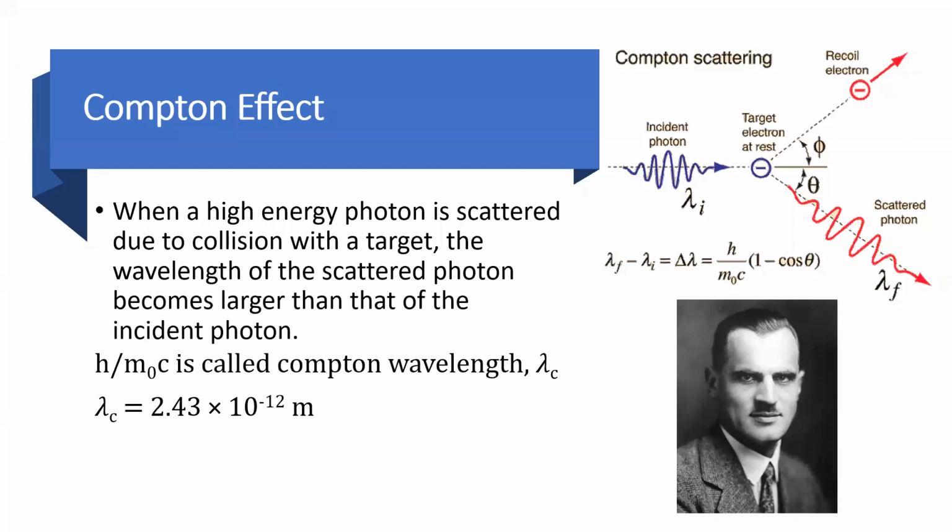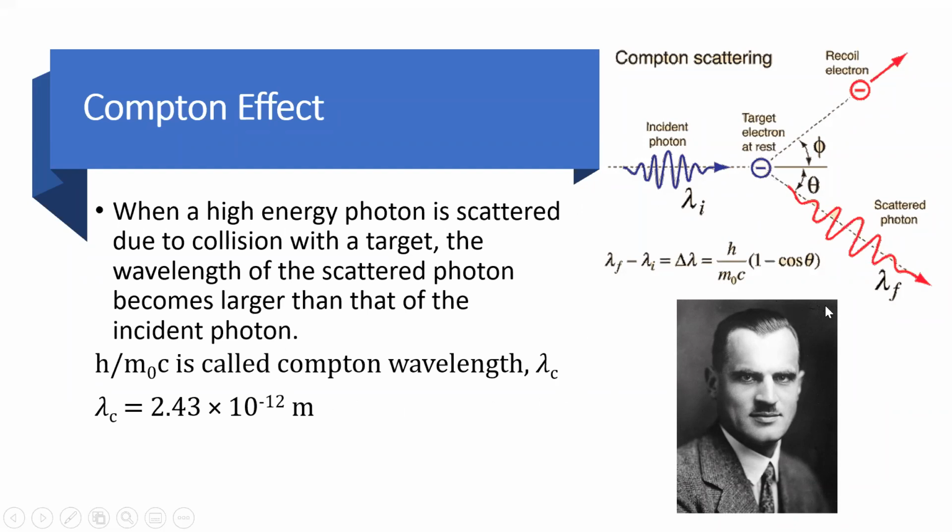Cos 90 is 0, right? So if theta is 90 degrees, then the scattered wave will go like this, perpendicular to the incident wave. So you will have it as h by m naught c. So if the angle is 90 degrees, then you have the difference in wavelength equal to the Compton wavelength.